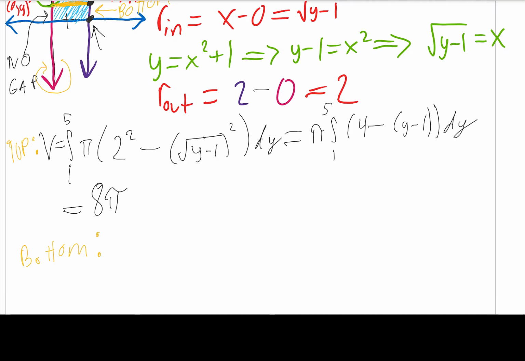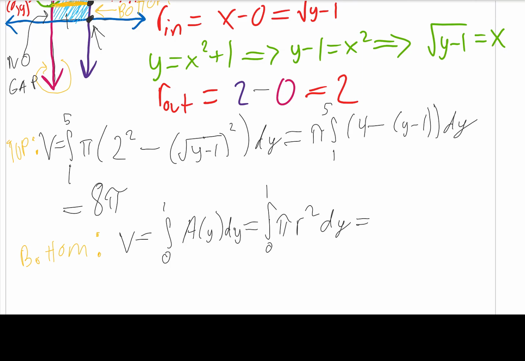So we should have a disk, which means we should have V equals the integral from a to b, our upper and lower bounds for y, which would be 0 to 1, of A of y dy. And so this is going to be the integral from 1 to 0 of pi r squared dy.